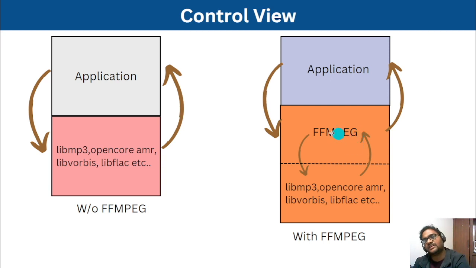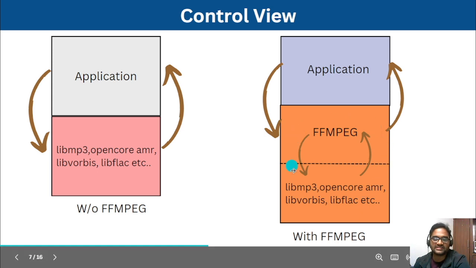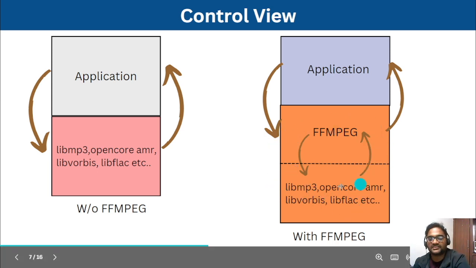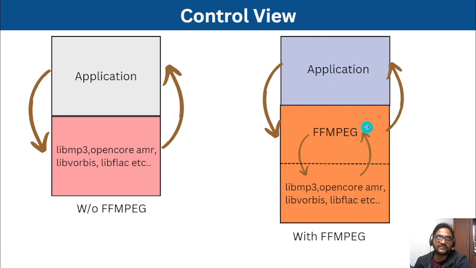FFmpeg internally handles all those things. The framework itself handles which codec to call and what sequence needs to be called underneath. All you need to do is identify the sequence of APIs needed for initialization, for processing, and for exiting from the FFmpeg point of view. That's all. So I hope I'm clear.